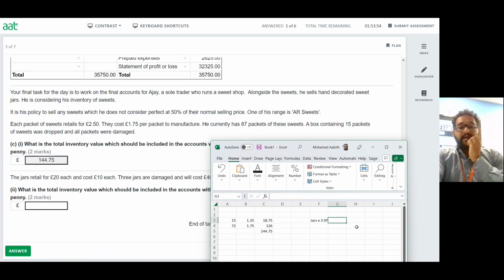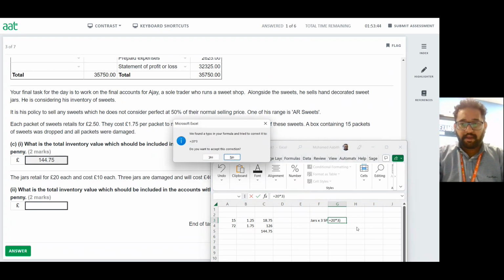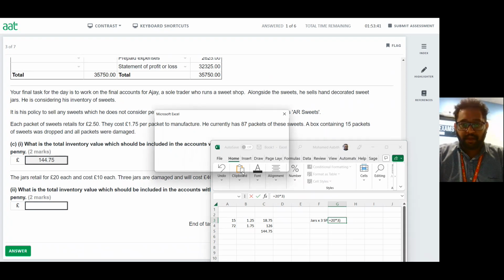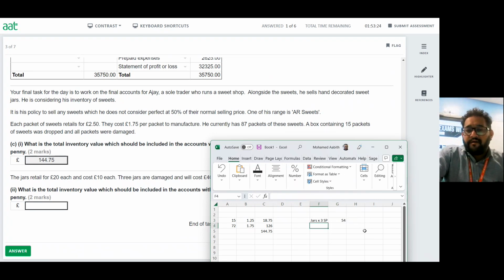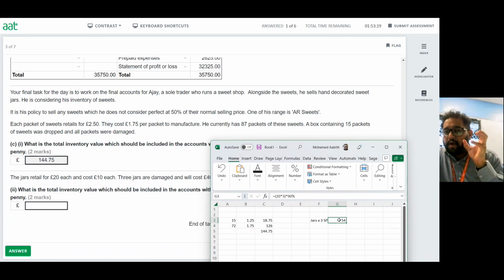The amount I'm going to be selling at is going to be equal to 20 multiplied by 3. And then you multiply this by 90%, because you are going to sell it with a 10% discount, isn't it? So this is the selling price of those 3 jars. This is the amount I'm going to realize.